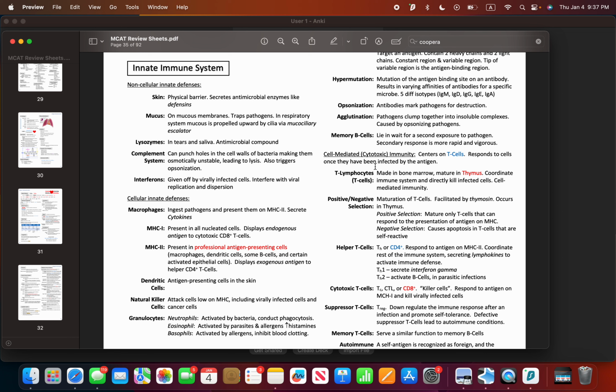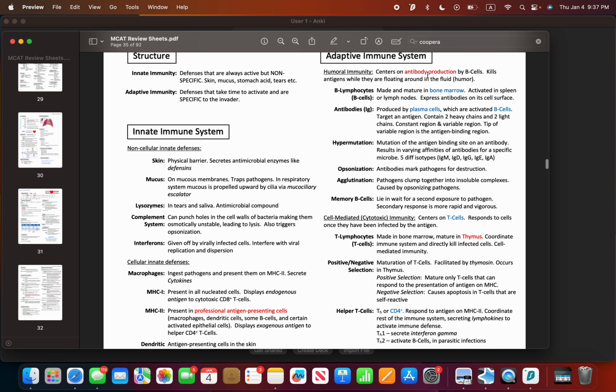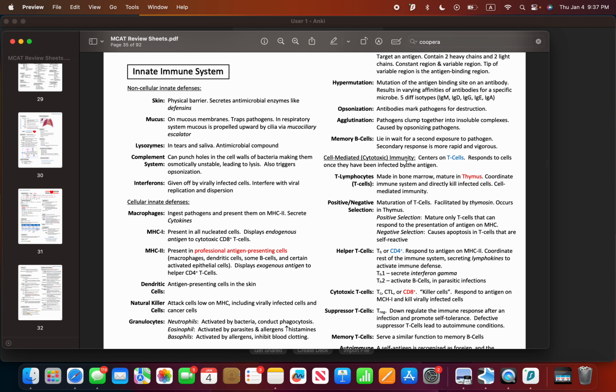We have cell-mediated cytotoxic immunity. They center on T cells instead of B cells, which was the humoral immunity. They respond to cells once they have been infected by the antigen.